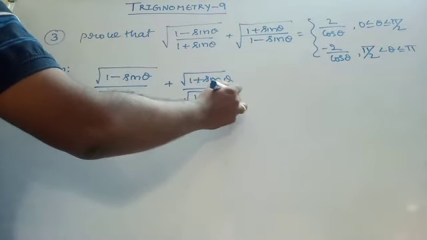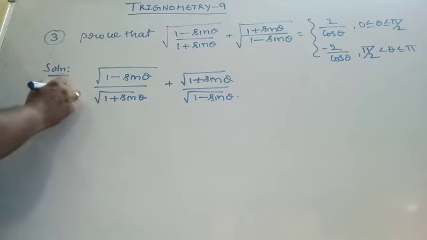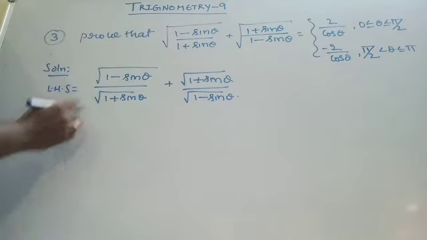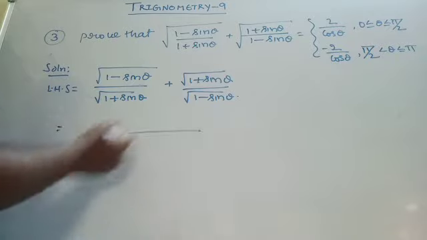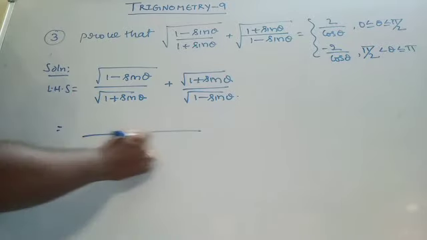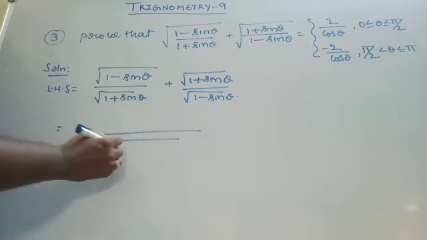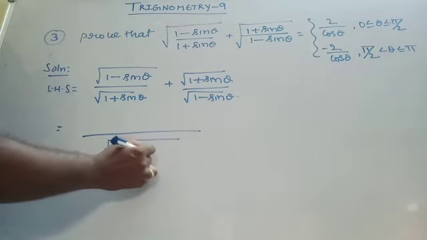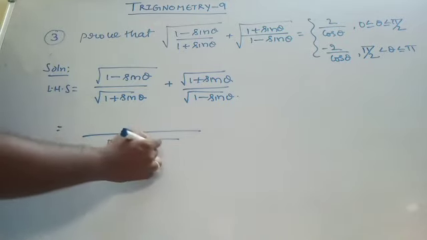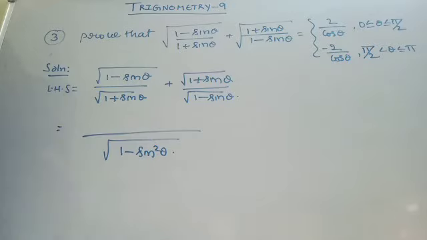This is what we have in the left hand side. Now for the denominator, if you take the LCM, this becomes root over (1 plus sin theta) into (1 minus sin theta). That means root over 1 minus sin square theta will be our LCM.